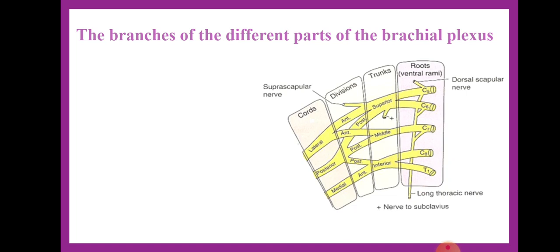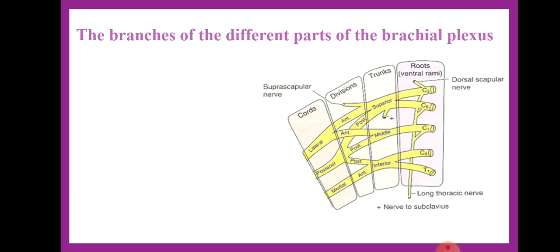The dorsal scapular nerve, or nerve to the rhomboids, supplies the rhomboid muscles and levator scapulae. The long thoracic nerve supplies the serratus anterior. From the trunk originate two branches, which are the nerve to the subclavius and the suprascapular nerve. No branches from the divisions.